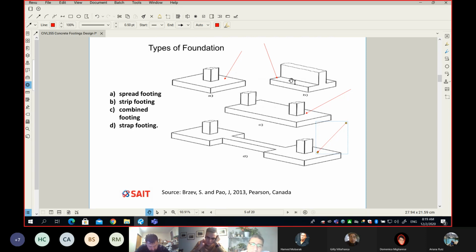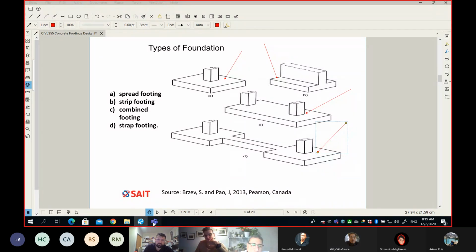Really, at this point of time, I want you to look at picture A and picture B and tell me what is the main difference, without even learning about them. Do you see any difference between a spread footing and strip footing? One supports a column, one supports a wall.